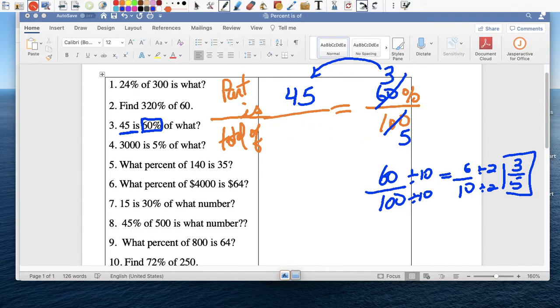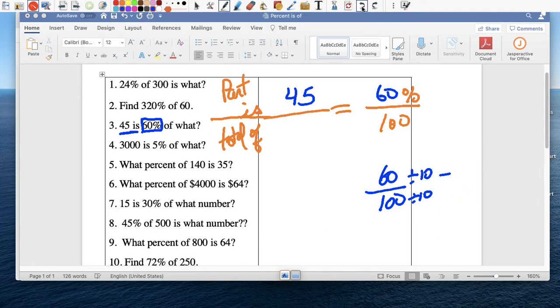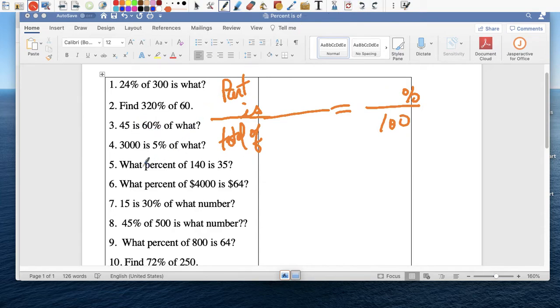Number 4, 3,000 is 5% of what number? So 3,000 is, where do we put that one? Over here. 5% goes over here. And that's it. So now we got 5 times what is 3,000.